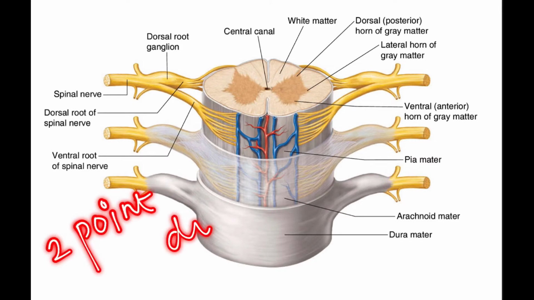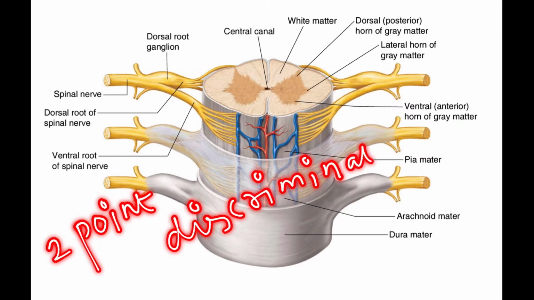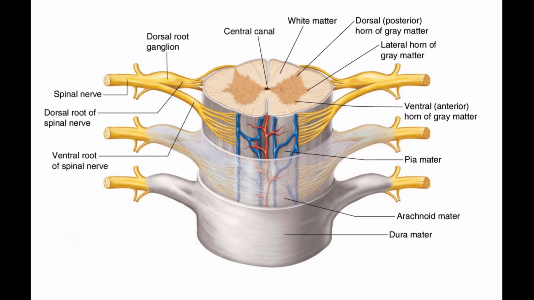When you touch your skin with one of your fingers, you know exactly where your finger is. If you use 2 fingers and touch your skin, and you know exactly the location of the 2 fingers, you can sense the touch on 2 different locations on the skin.